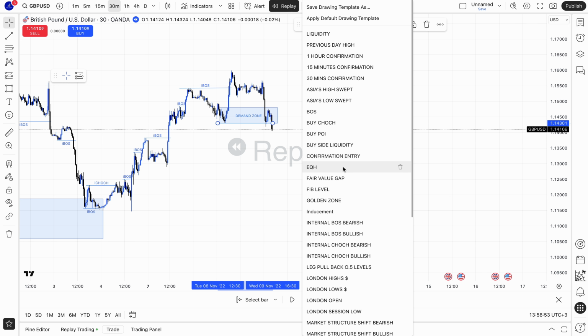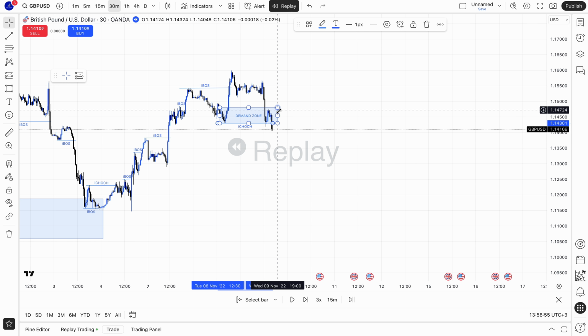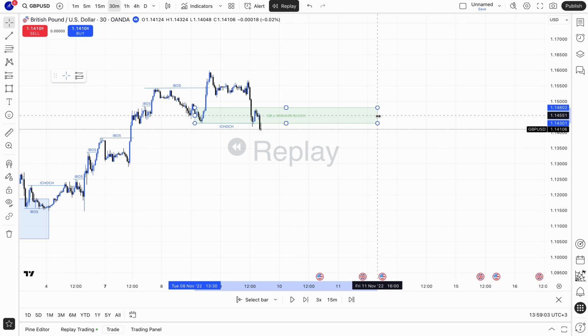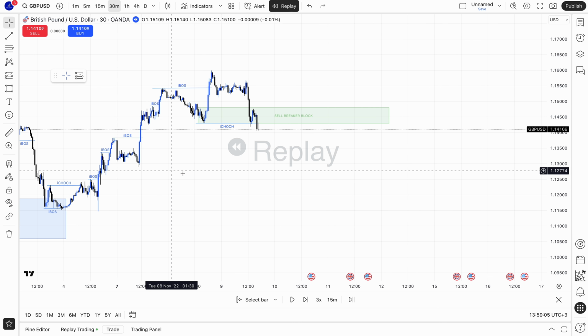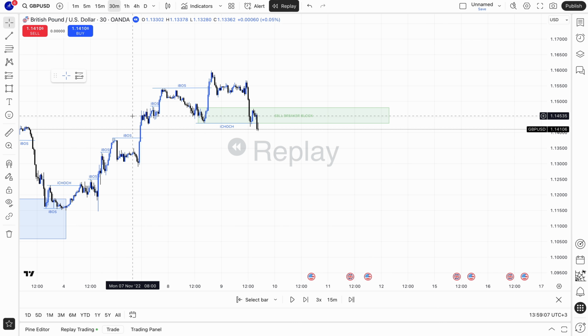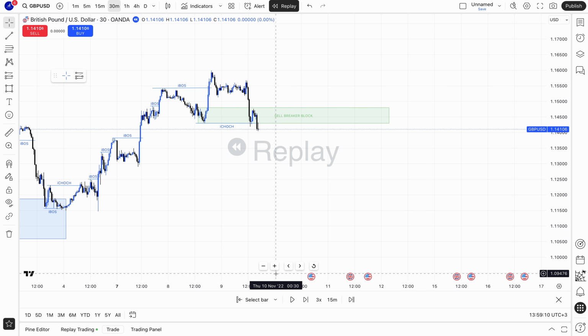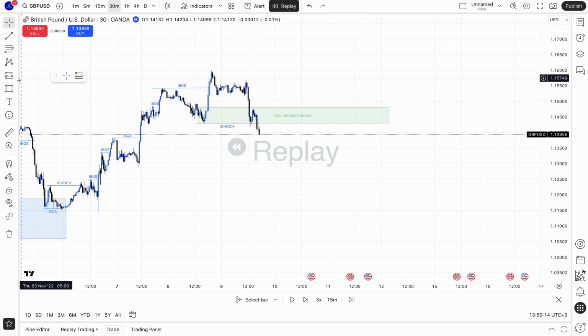Got that break. Then this demand was disrespected. Then automatically it became our sell breaker block. Then we got that tag and that continuation. That was our entry to the downside.